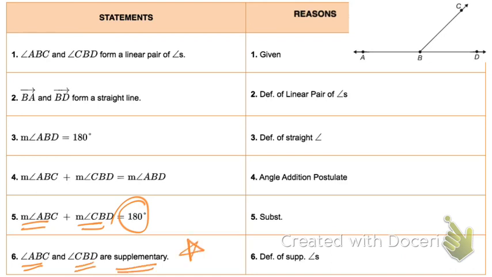And why can we make this statement that we were trying to prove? Because that is the definition of supplementary angles. And there you go. So a lot of different steps. This is a good example of a proof and how you use some of the definitions and the postulates and the properties to get from one initial statement all the way down to what you were trying to prove.